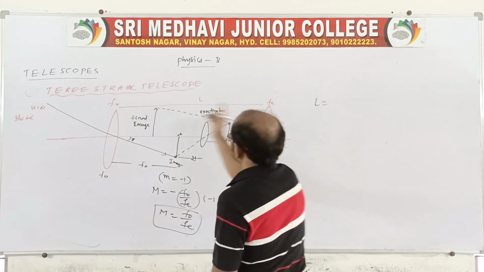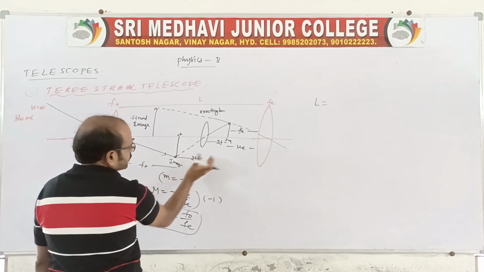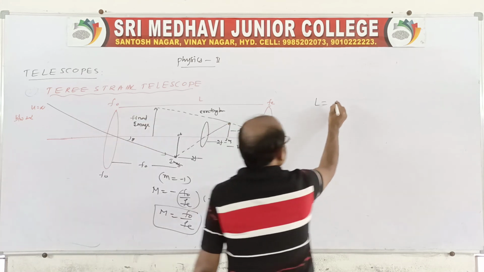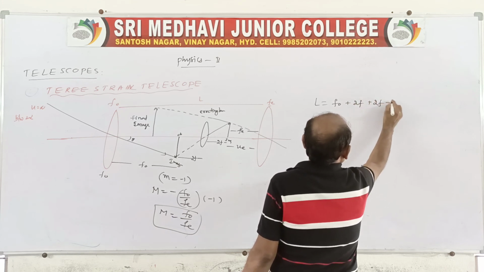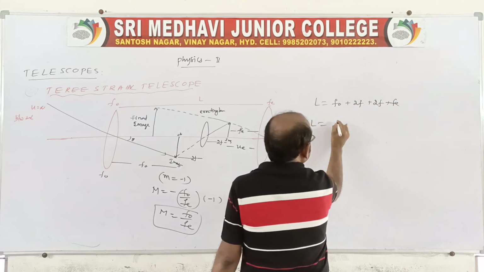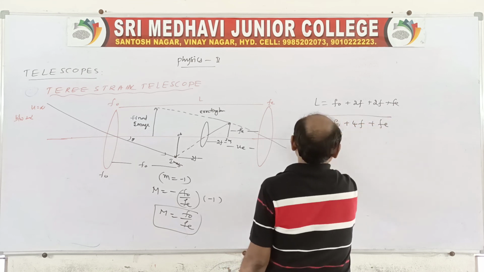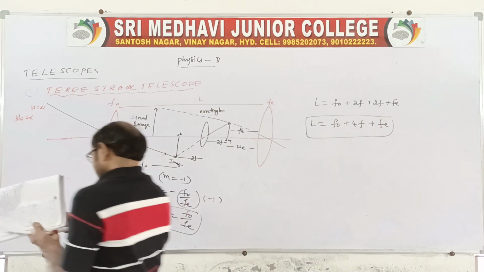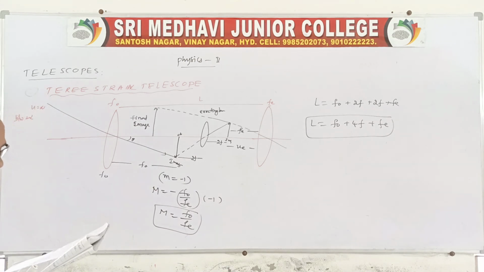Capital L is the distance between f naught, 2f, 2f and fe, so L is f naught plus 2f plus 2f plus fe. Therefore, the length is f naught plus 4f plus fe. This is the distance between the lenses of a terrestrial telescope, which is corrected by this lens.